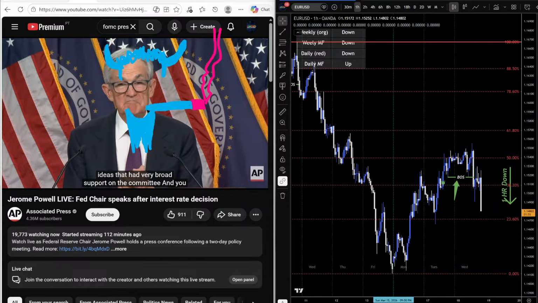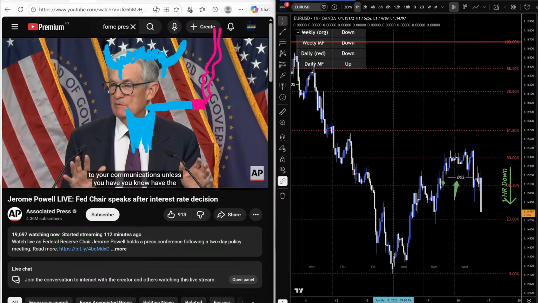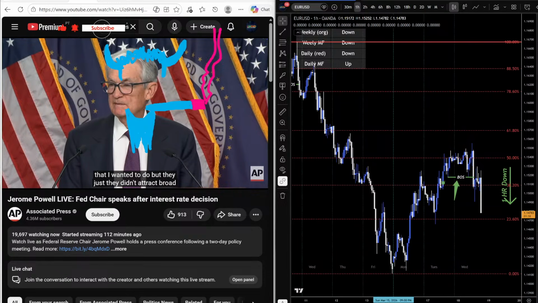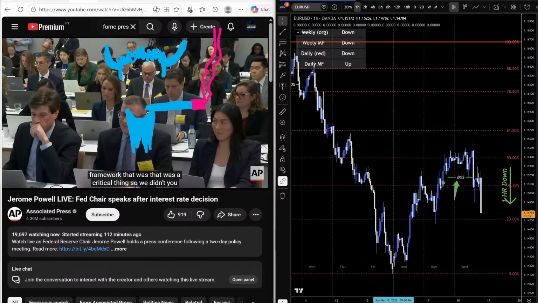So we didn't really make any changes on that. I had hoped that there were some things I wanted to do, but they didn't attract broad support, and we'd already made all the changes we made to the framework. That was a critical thing. I wish we had been able to do some things, but we didn't. So maybe the next chair will take a look. I'm sure he will.